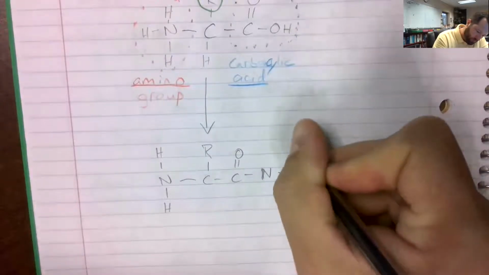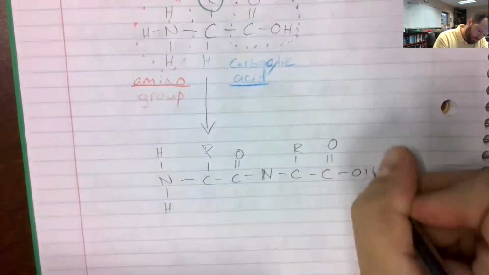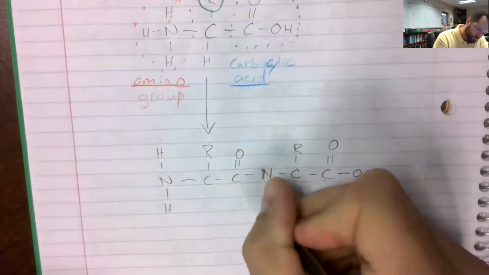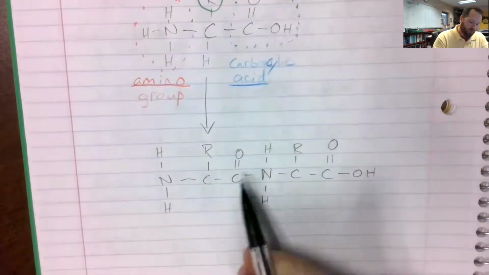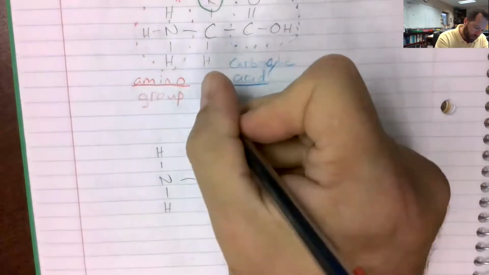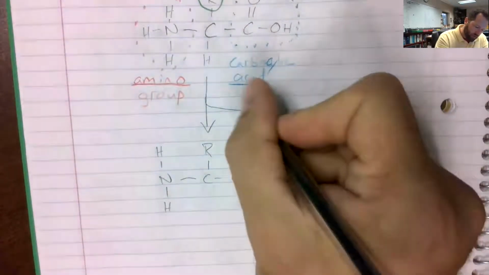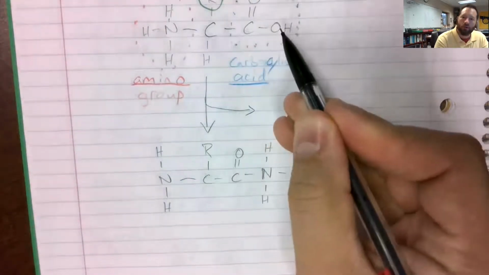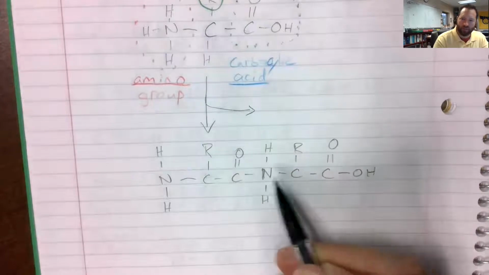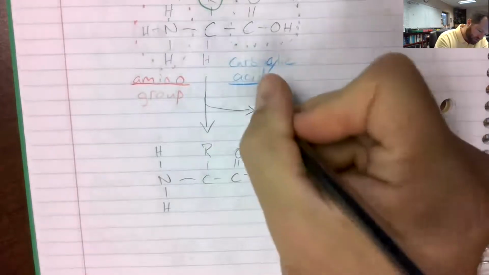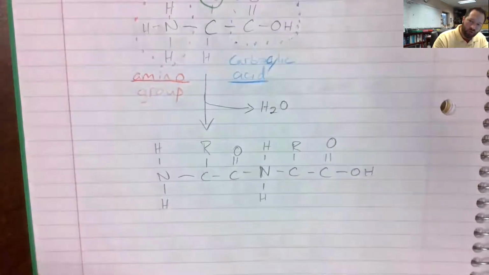And the reason why, we're going to go ahead and connect right here, the carboxylic acid on one end, the nitrogen on the other. And so what also came out when we bonded these two together was, well, take a look at it. We had an OH up here on the carboxylic acid that's not there anymore. And we had an H on the nitrogen. So what came out was an H2O.